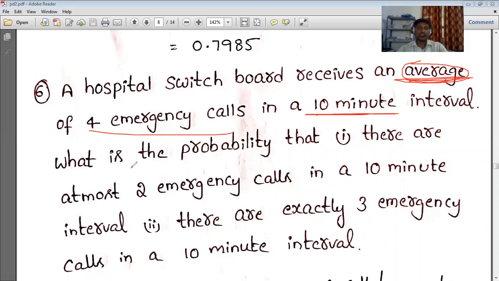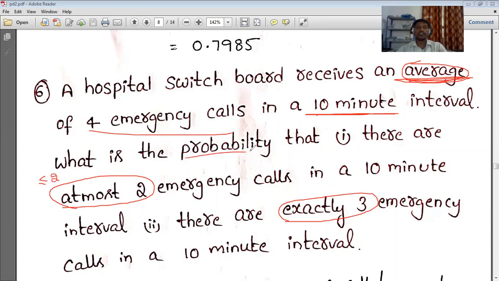And next what they are asking: what is the probability that there are at most 2 emergency calls in a 10-minute interval, and next there are exactly 3 emergency calls in a 10-minute interval. So on an average 4 calls they are getting in a 10-minute interval. What are the chances of getting at most 2? At most 2 is nothing but simply less than or equal to 2.